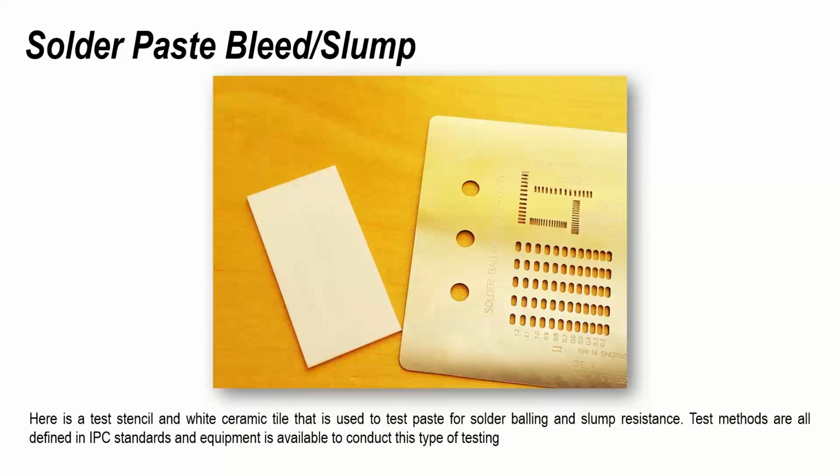This shows print, and you can use it for print slump, but also solder balling. So it's just a nice stencil. There are other stencils you can find online, and of course your stencil manufacturer may be able to supply some samples for you that you could use for this particular testing when you're evaluating new pastes from suppliers or new products.